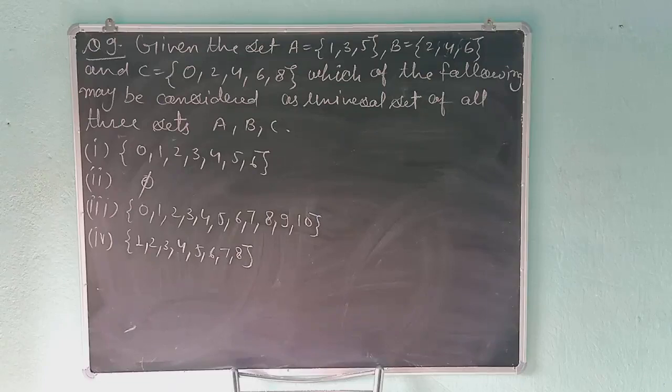The question is asking which of the following may be considered as a universal set. We have to choose a universal set for these three sets A, B, C.